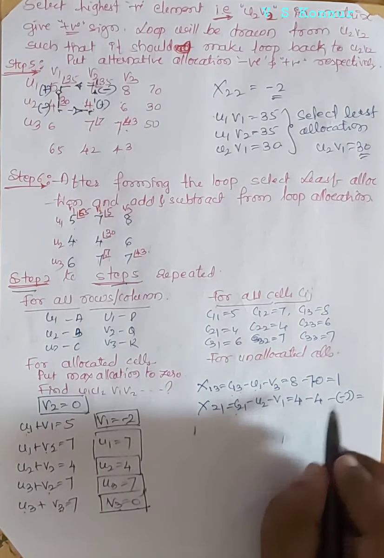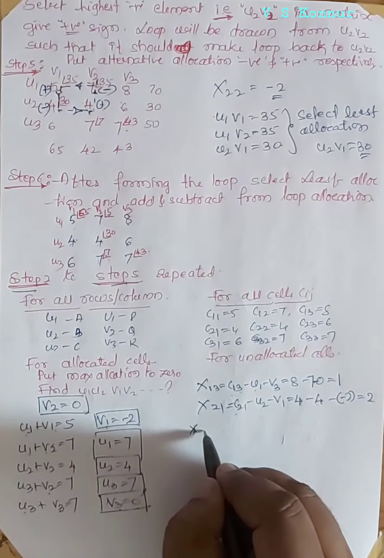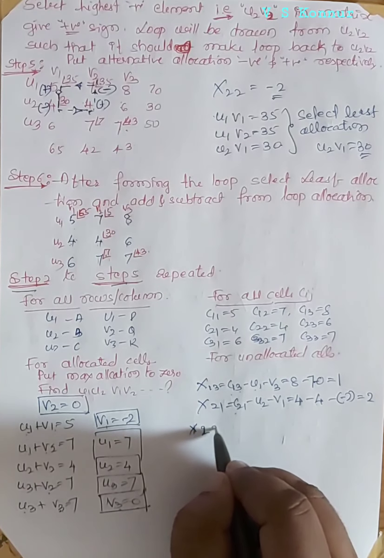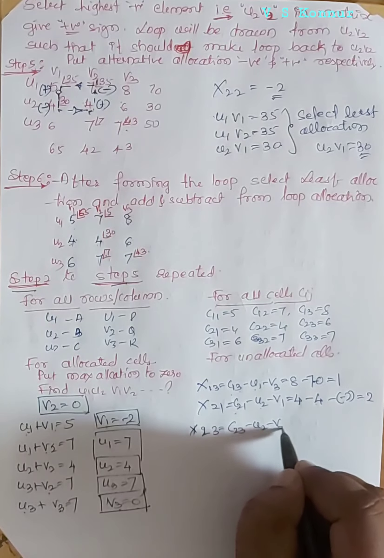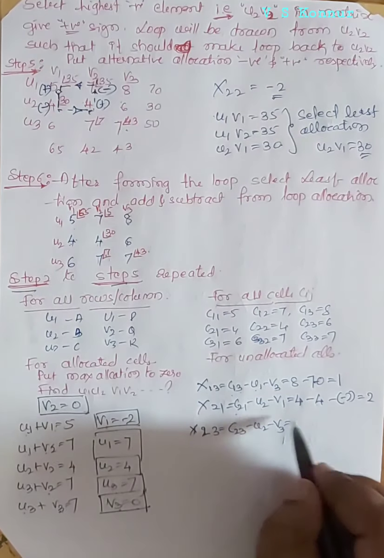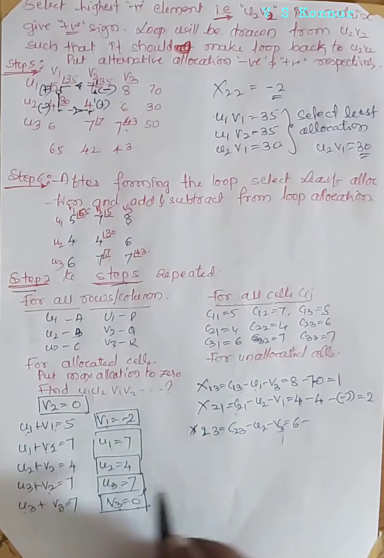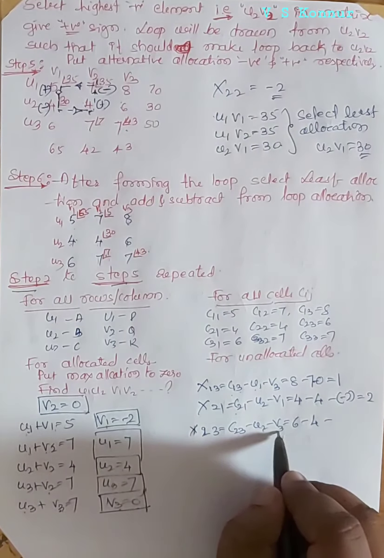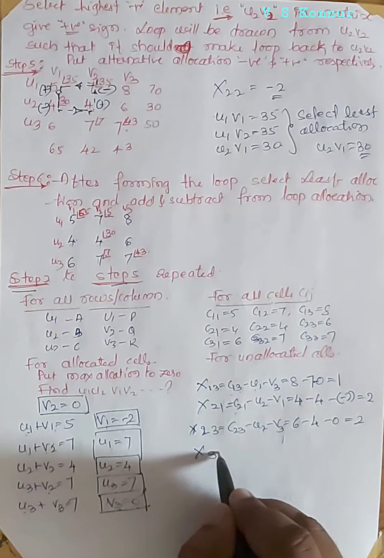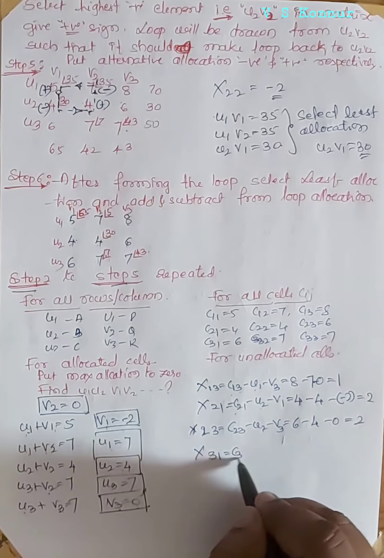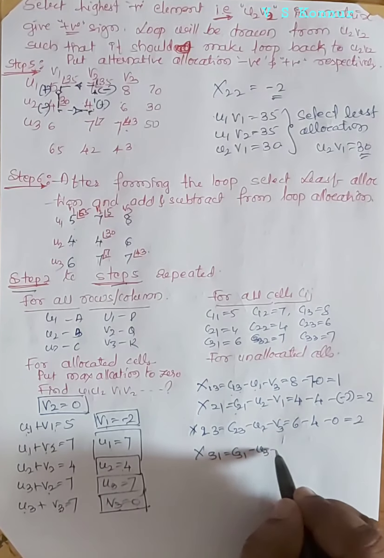Next, x23. x23 is equal to C23 minus u2 minus v3. C23 is 6 minus u2 value 4 minus v3 is equal to 0, 6 minus 4, we will get 2. Next, x31 for unallocated cells, C31 minus u3 minus v1.